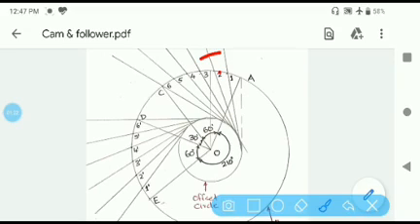Similarly, you complete the whole thing in the outstroke region and the return stroke region.